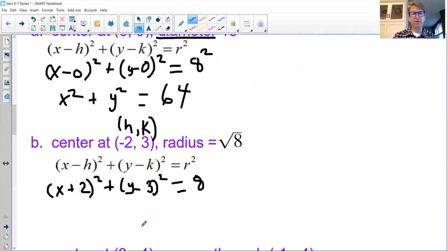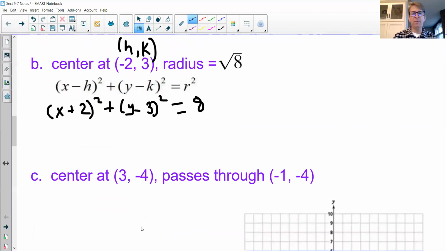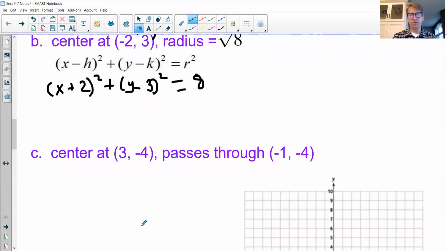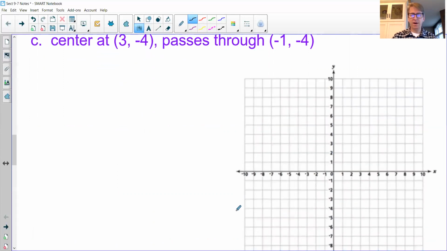Moving down to letter C, the center is at 3, -4, and it passes through -1, -4. Okay, so let's take a look at our little grid here. Its center is at 3, then down 1, 2, 3, 4.